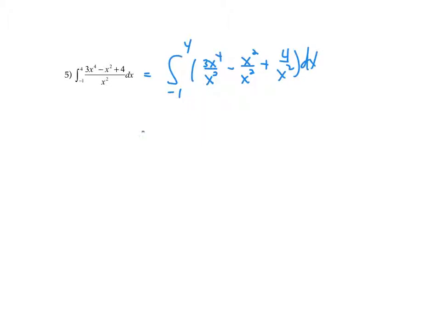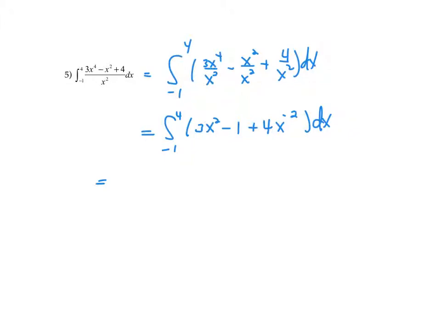Simplify it first, and then we'll apply the power rule. So we'll have 3x squared minus 1 plus 4 times x to the negative 2. Rewrite it with that negative exponent, and we're finally ready to take that antiderivative.